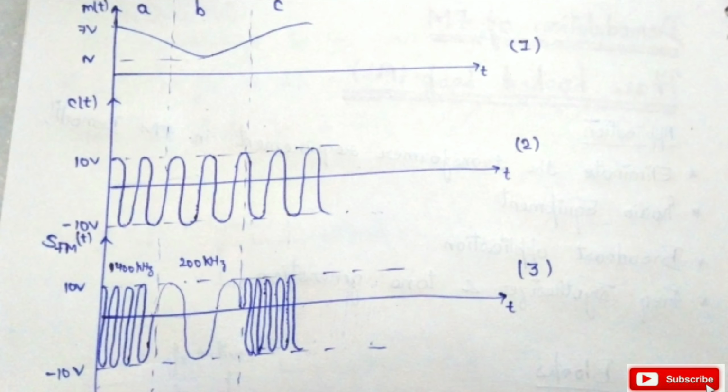Frequency is the number of cycles, so as frequency decreases, here it completes only one cycle. In area C, the message signal amplitude increases further. So here again the carrier frequency will increase. So the resultant frequency modulated signal is shown in figure 3.